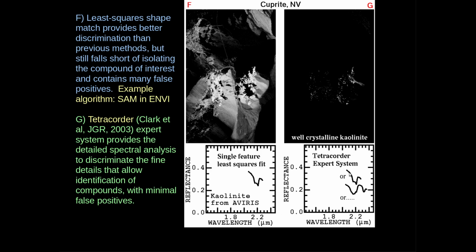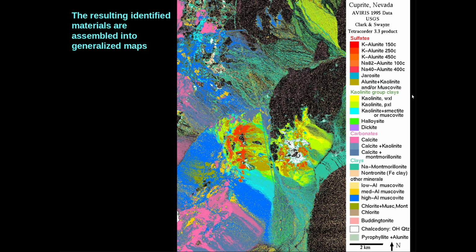Tetracorder, however, does that fit to the kaolinite plus the alunite plus dozens of other minerals to find which one it matches, including mixtures between kaolinite and alunite and other minerals. And then we find these are the pixels with the best well-crystallized kaolinite signatures. So orders of magnitude fewer false positives. We do that for many minerals, and then we can produce maps of many different kinds of minerals as shown here and here.